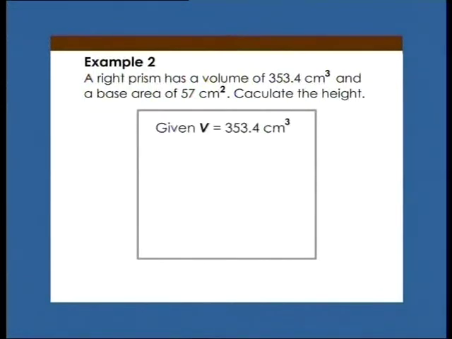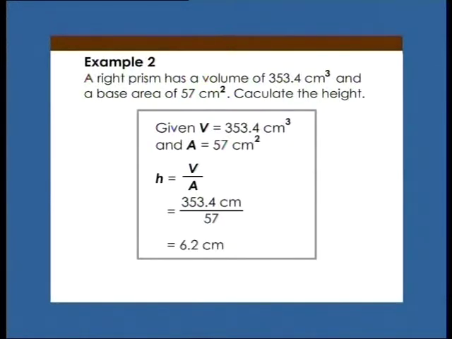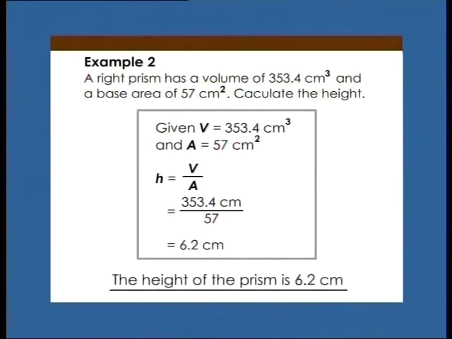Given V equals 353.4 cubic centimeters and A equals 57 square centimeters, h = V over A = 353.4 over 57 = 6.2 centimeters. The height of the prism is 6.2 centimeters.